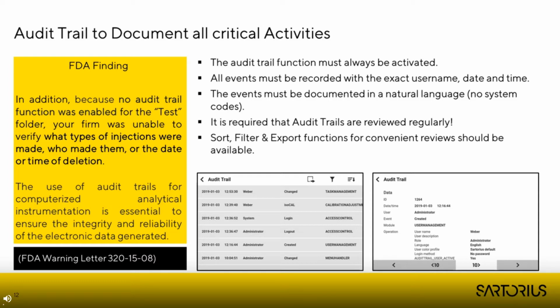And therefore, the audit trail should be easy to understand. You should have an option to export the audit trail for a review on a PC, because you don't want to do this directly on the instrument. And also a sort and filter function could be very helpful to find specific entries inside the audit trail.